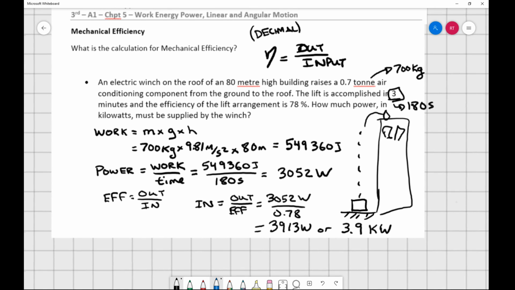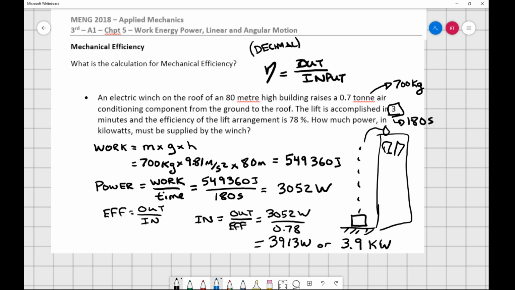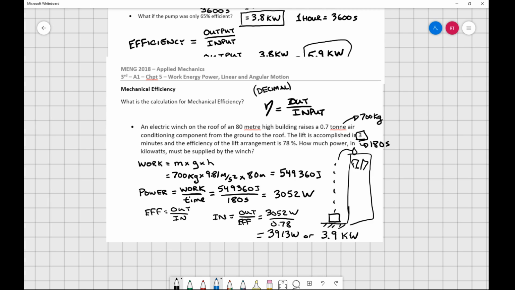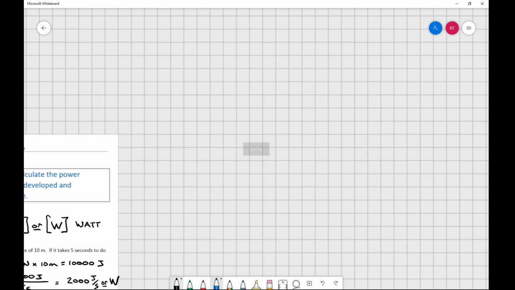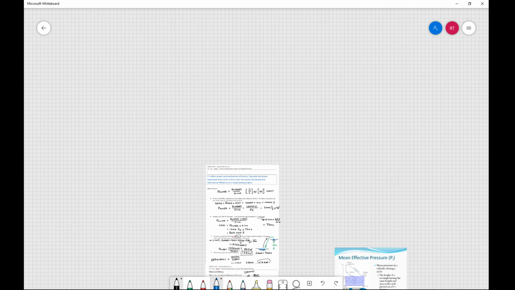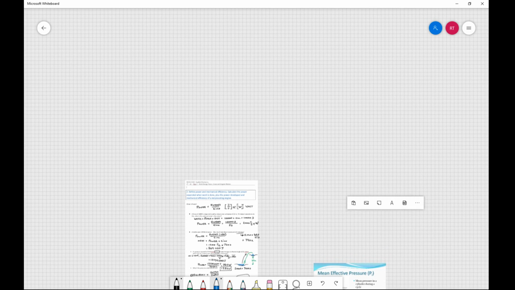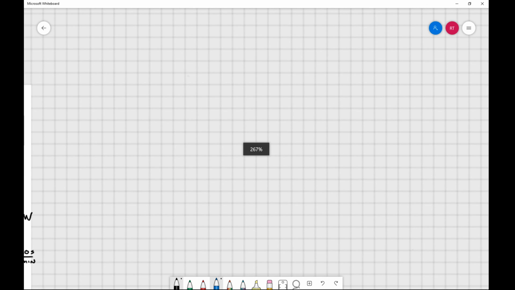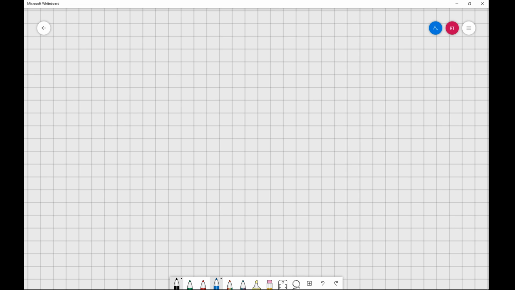We have one other component to cover in this section, which is power in a reciprocating engine. If we talk about a reciprocating engine, what we would consider is a piston inside of a cylinder, with pressure acting on it.